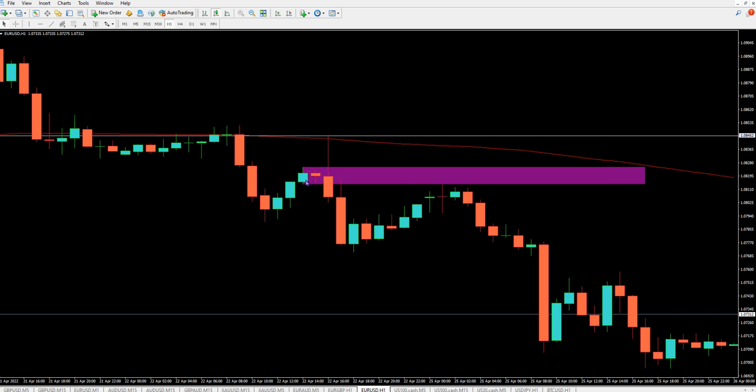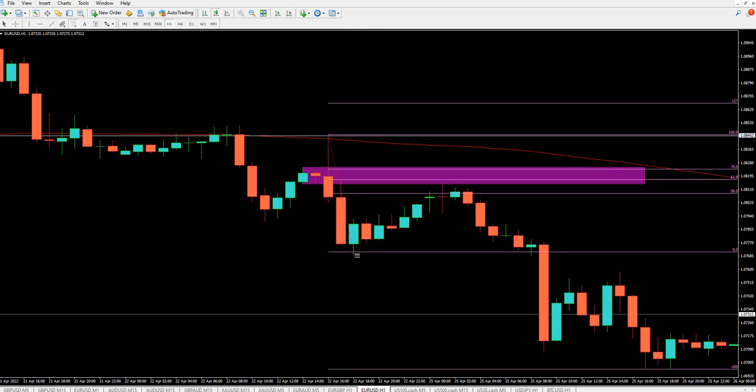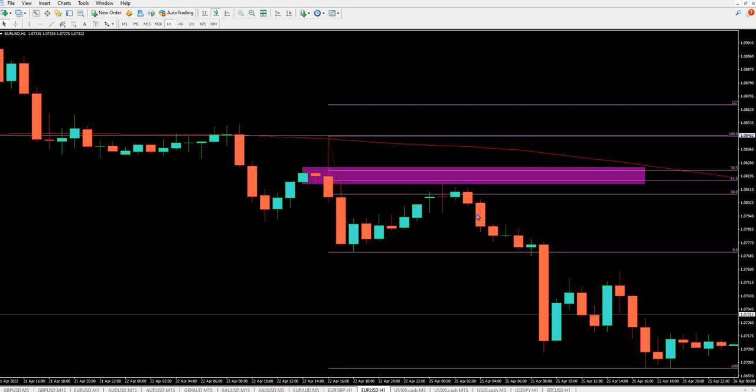Another supply candle that breaks below the low that created the high. Price perfectly touches it right here. And again, for some other confluence, while it doesn't quite get to the 61.8, we can see it does reach into the premium discount of the range.